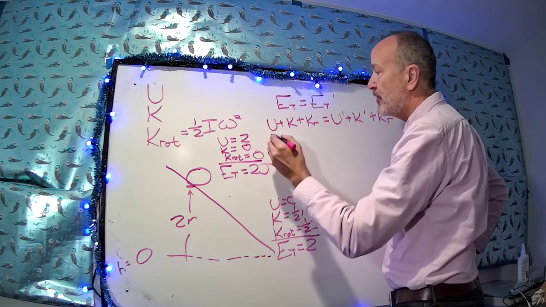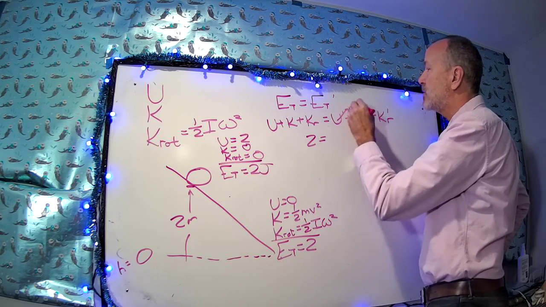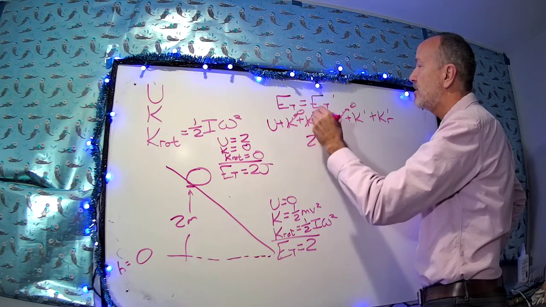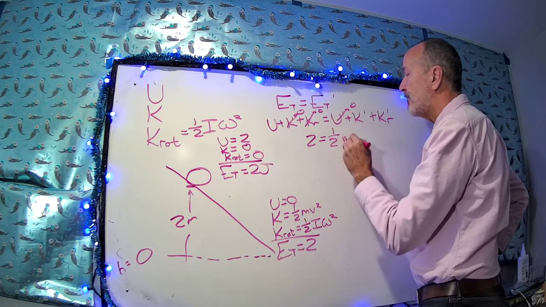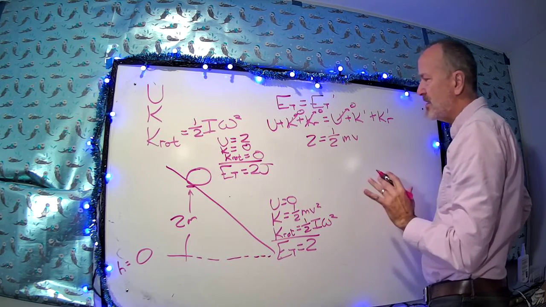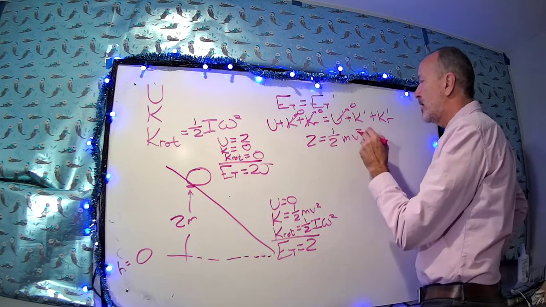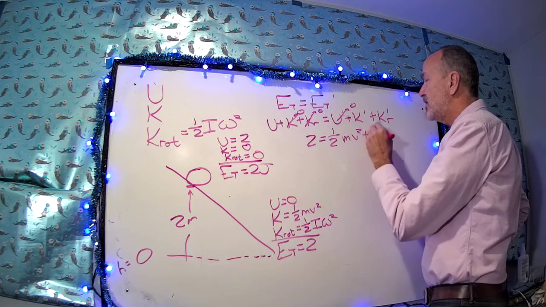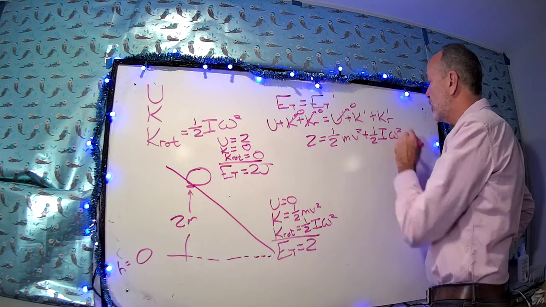And what we end up with is mgh is 2. Okay, but let's spend a little more time on this. This one ends up being 0. These two are 0. Okay, kinetic energy at the bottom is going to be 1/2 mv squared. And let me skip the primes on this. Just remember that this is v at the end, squared. Rotational is 1/2 I omega squared.